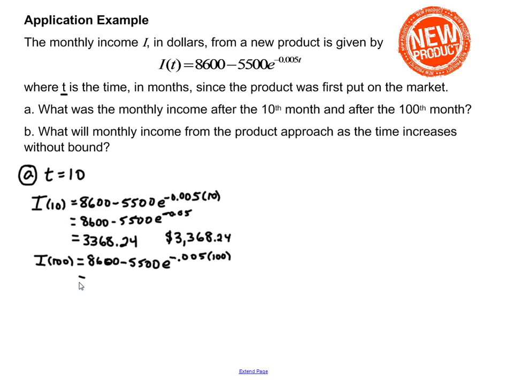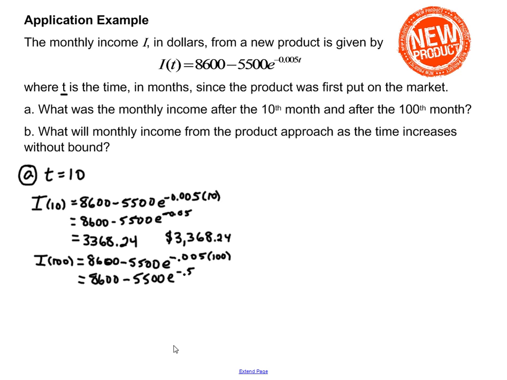This is going to be two places, so it would be the same thing as saying 8,600 minus 5,500 times e to the negative 0.5 this time. What's going to happen here?